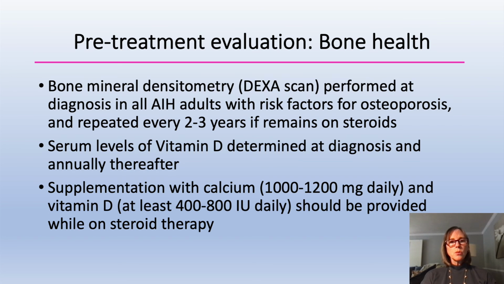And the DEXA scan should be repeated every 2 to 3 years if that patient remains on long-term use of steroids. Second, blood levels of vitamin D should be assessed at the time of diagnosis and every year thereafter.